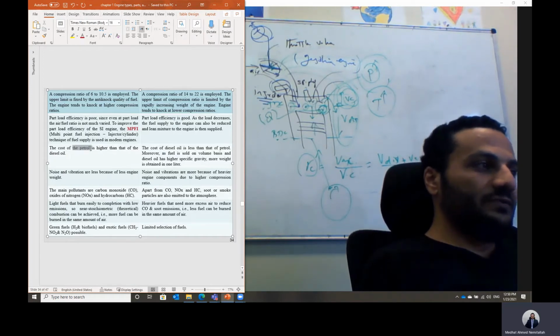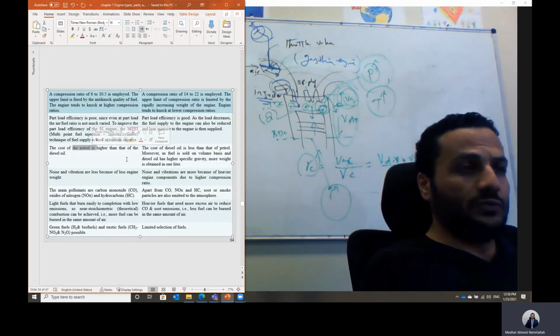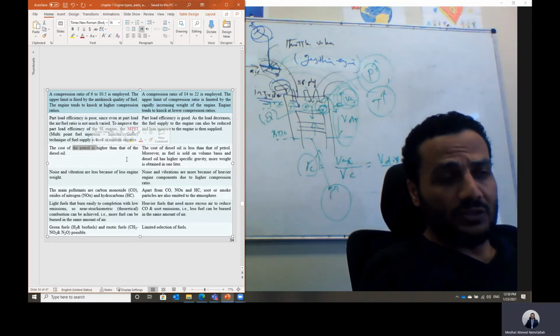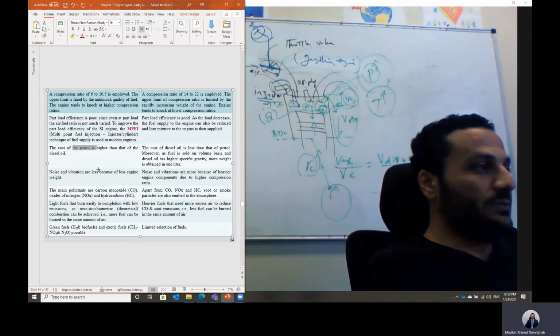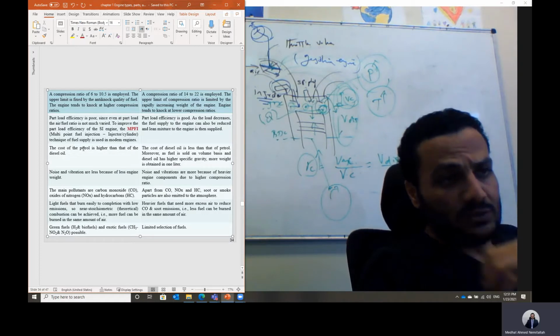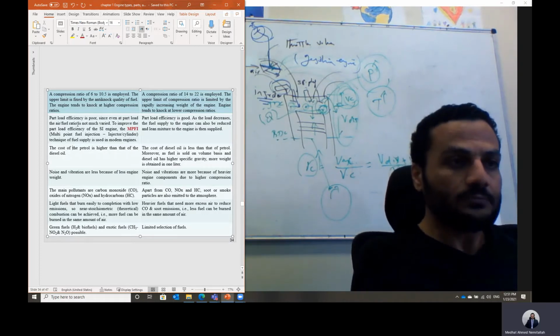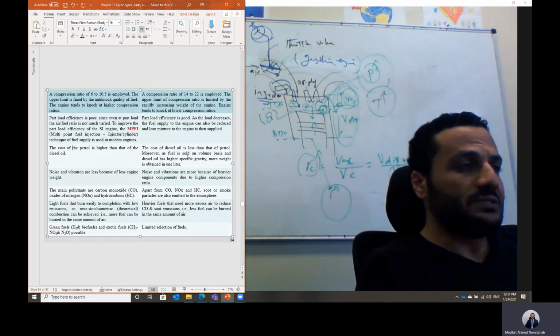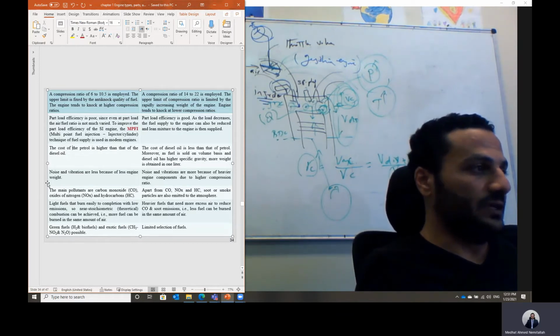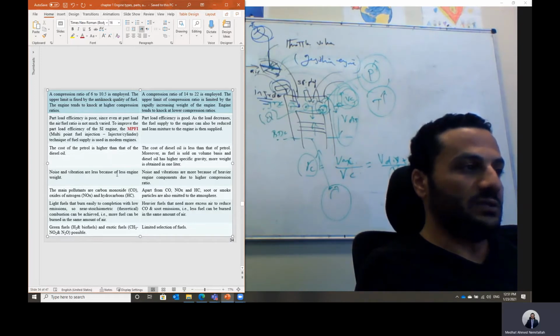Another difference is cost. The cost of petrol is higher than the cost of diesel. Also, we have an additional system like the ignition system, which we don't need in diesel, which should result in a higher cost of the gasoline engine. The fuel economy of the gasoline engine is a little bit lower than diesel, and the efficiency of gasoline is less than diesel, so that should result in higher cost. Noise and vibration are less because of the lower engine weight.